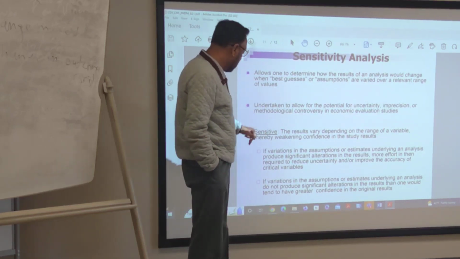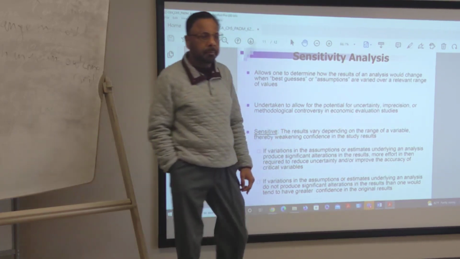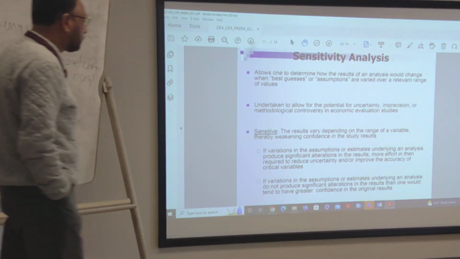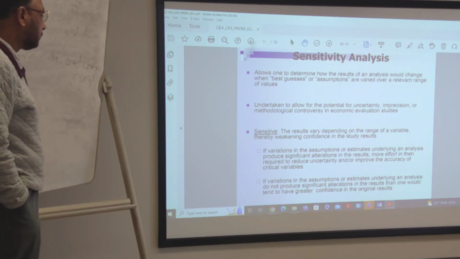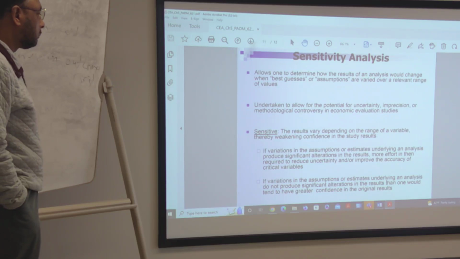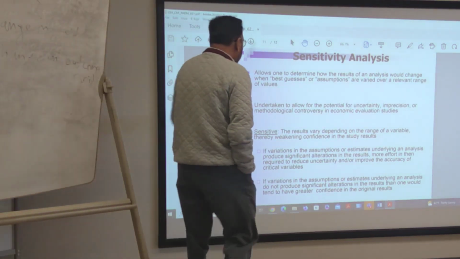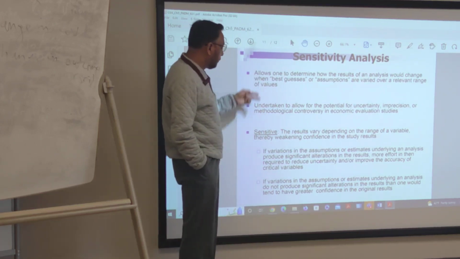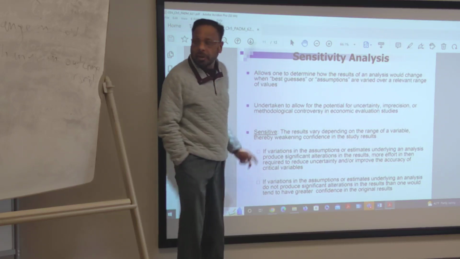Sensitivity analysis. Now what happens? The results. Third bullet. Sensitive. The results vary depending on the range of evaluators, thereby weakening confidence in the study results. So, suppose I change my assumptions and my estimates based on these first two bullets, then A and B change.